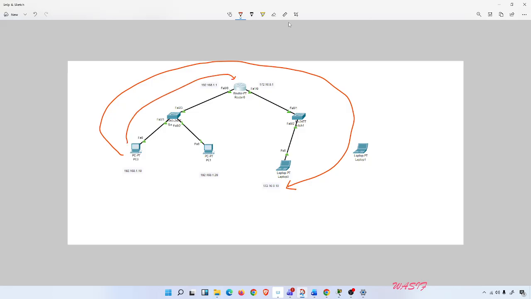Of course, it goes to the switch, then comes here, and he checks the destination is 172.16.0.10, and he knows that from the routing table.